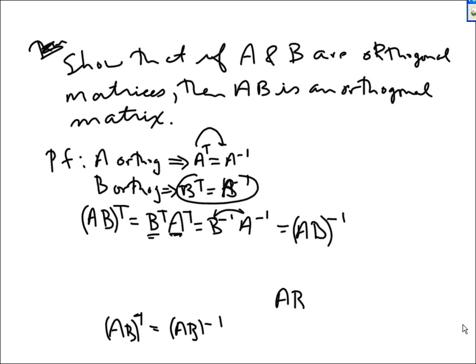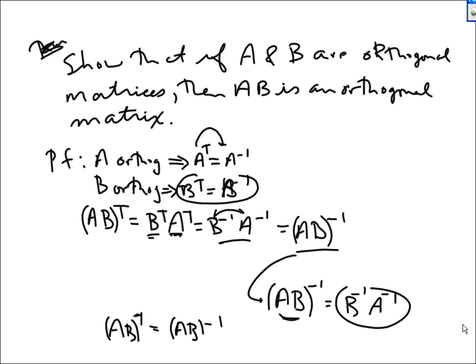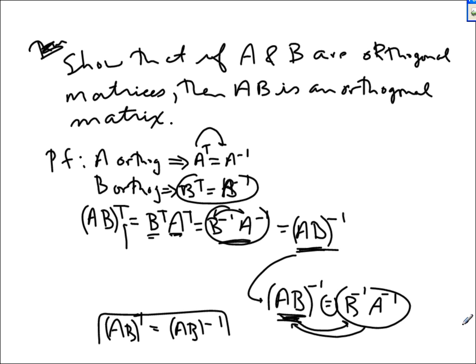Remember, AB inverse, you switch the order, put B and then A, and then inverse each of these. So this, which clearly equals that, equals this. Remember, you have to understand equality better than you know your name. I showed exactly what's on the bottom. If you take the transpose of AB, it's the same as taking the inverse of AB.